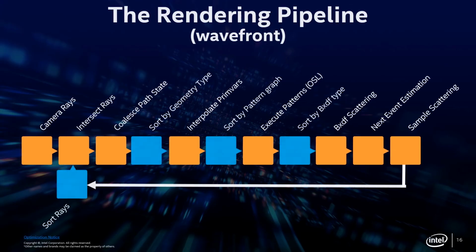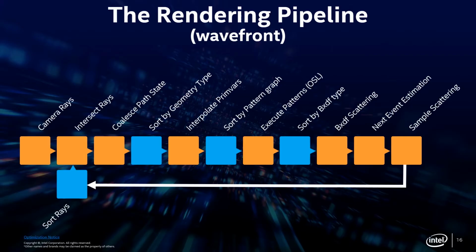In order to extract coherency of execution, we introduced a variety of sorting steps, here highlighted in blue, where we sort by compute kernel. So we sort by execution coherence. For example, we do not have just triangles in our scene. We have a variety of geometric primitive types, such as points and curves.